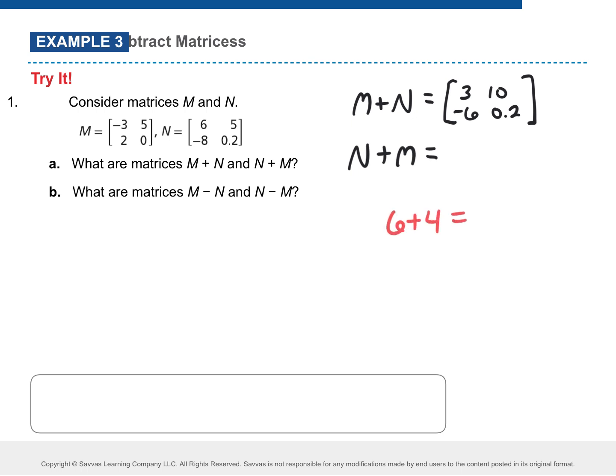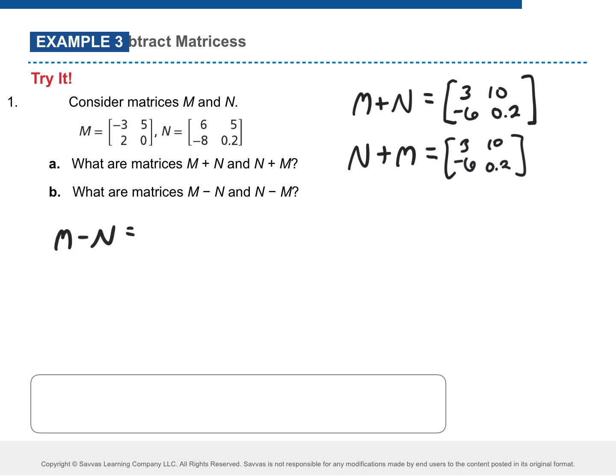If I had 6 plus 4, what is that? 10. If I swapped those two numbers, 4 plus 6, what do I get? I still get 10. So that's the same thing with matrices also. It does not matter the order that you add them. So for N plus M, I would still get that same matrix that we got from the beginning. Capiche?